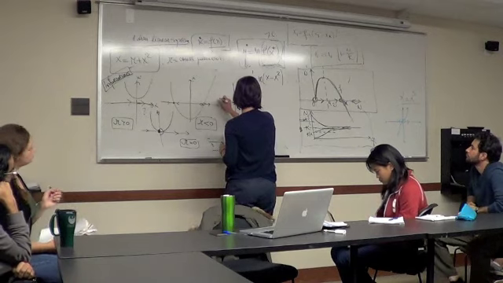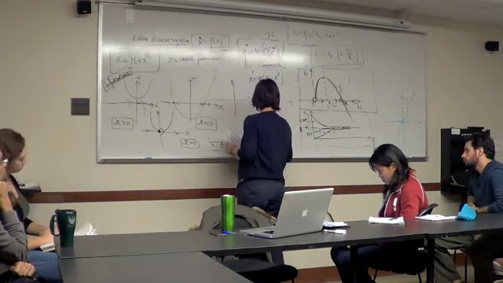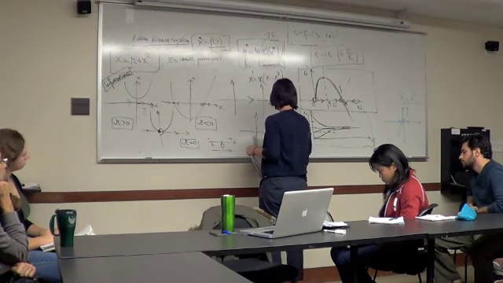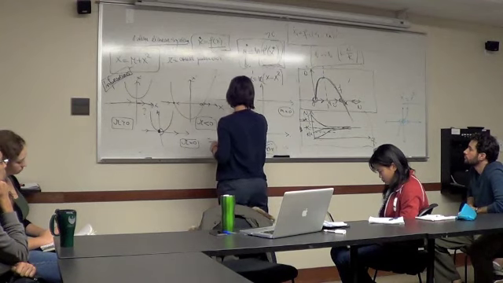If we do the same three graphs for this function, this is R bigger than 0, this is R equals 0, and this is R smaller than 0.